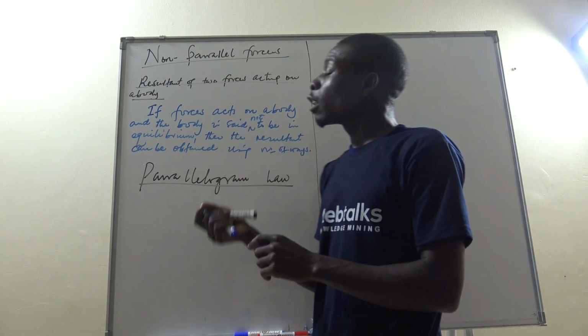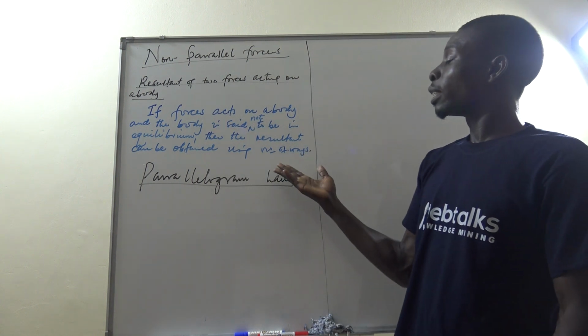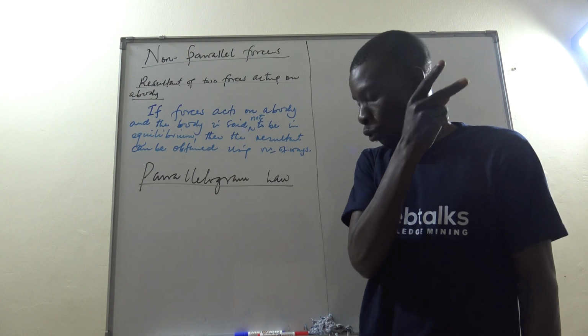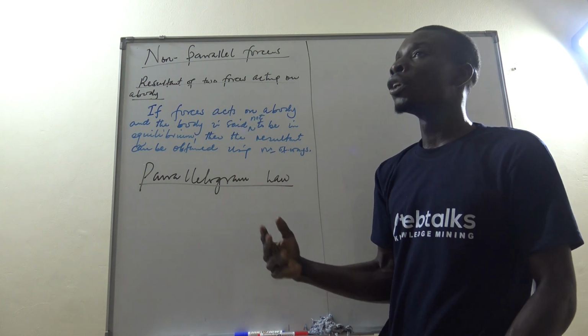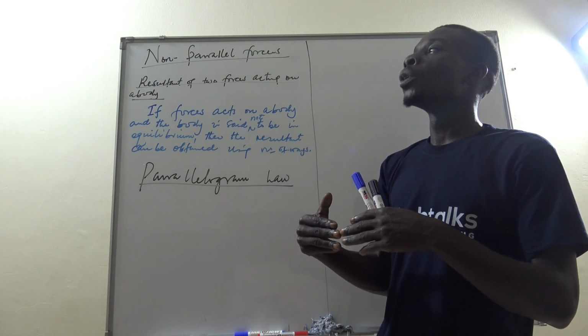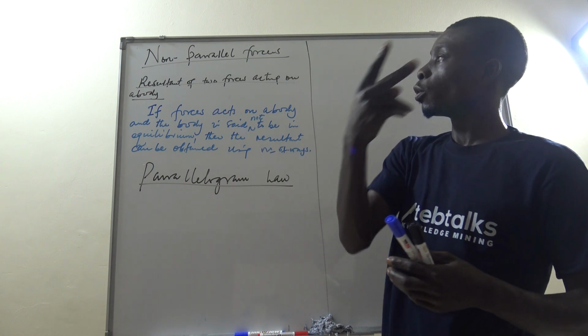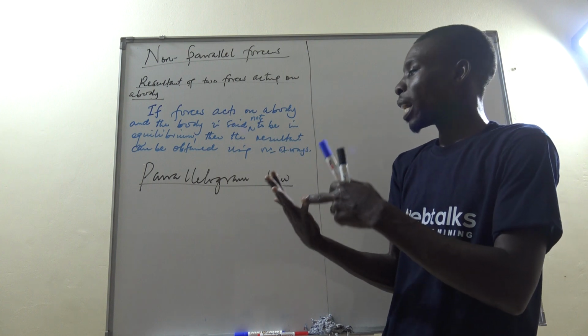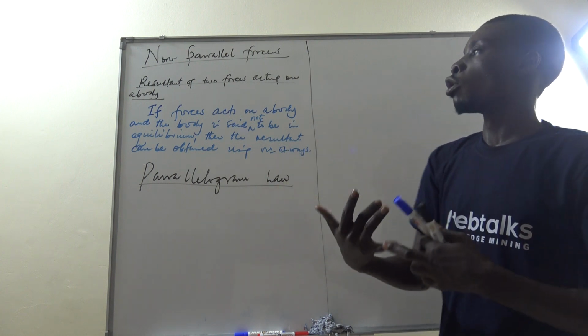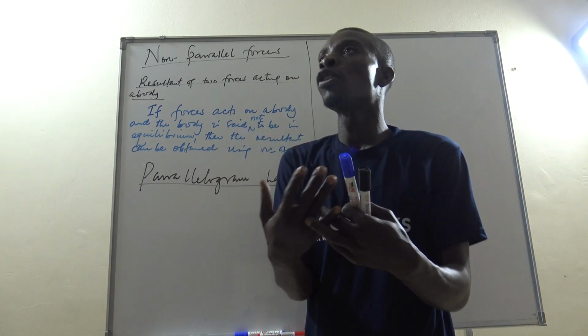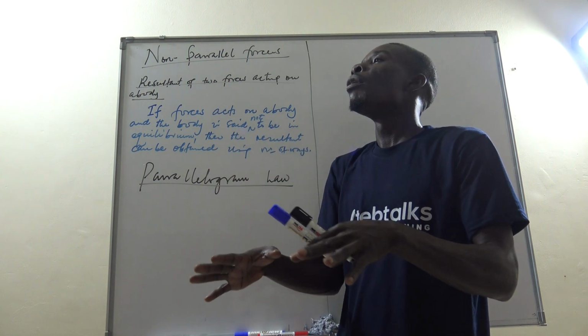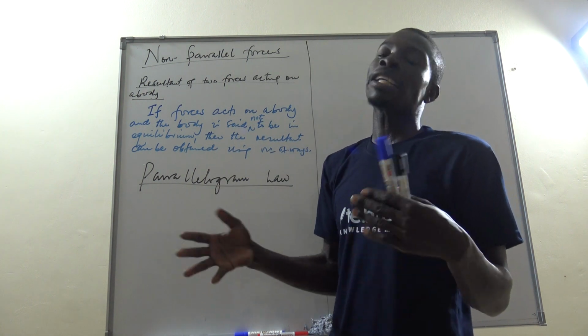We can also use the parallelogram law to get the resultant of two forces, before we go to other methods like resolution of the forces, isn't it? That is for two forces. We can either use parallelogram or resolution of forces. And resolution of forces works for any number of forces acting on a body.